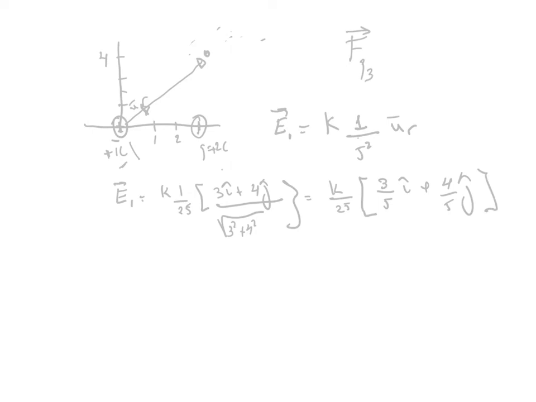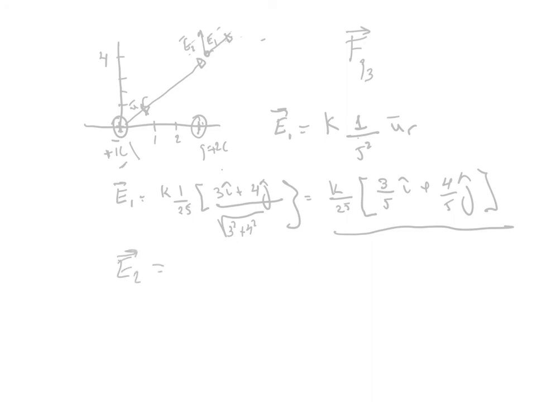So we do the calculation of the force on Q3, taking out the charge, and calculate first the electrical field on this point. Second, it's a positive charge, so the electrical field E1 will go like this. The electrical field E2 produced by the charge of 2 Coulomb will go up. So what will be the expression for E2?